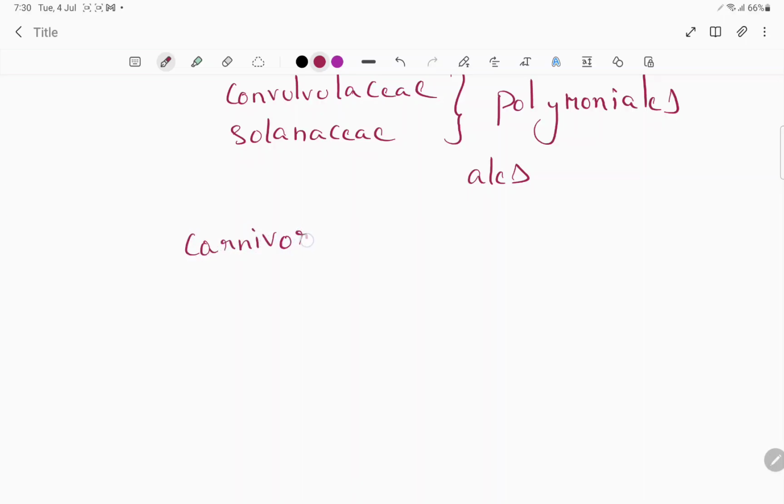So Carnivora is the order for Felidae and Canidae.